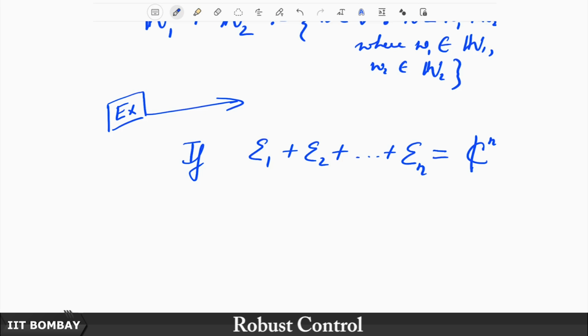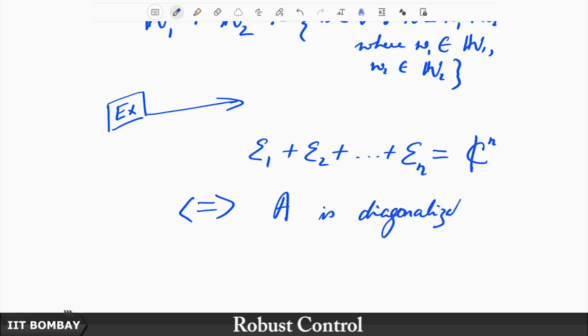Anyway, this turns out to be an if and only if condition for A to be diagonalizable. Of course, you might think, if the eigenvalues of A are all distinct, then we have already seen it is going to be diagonalizable.